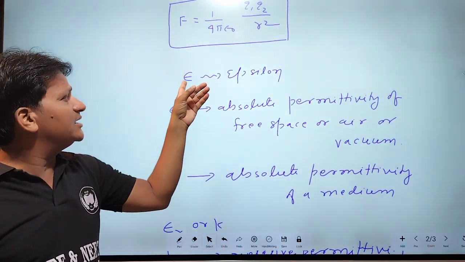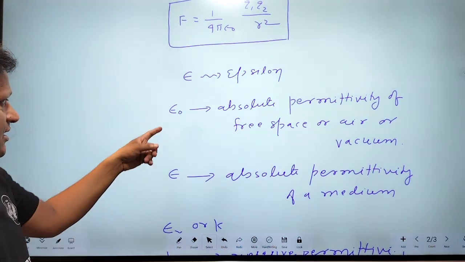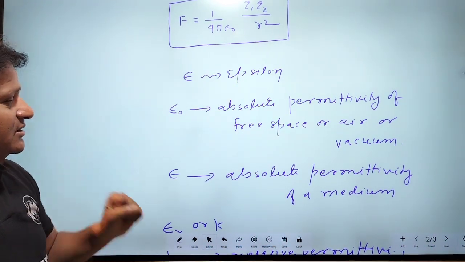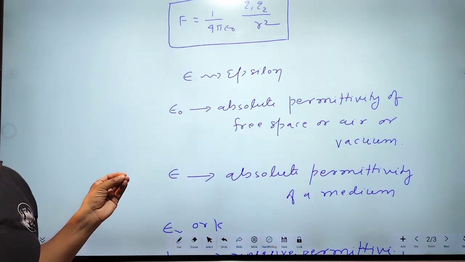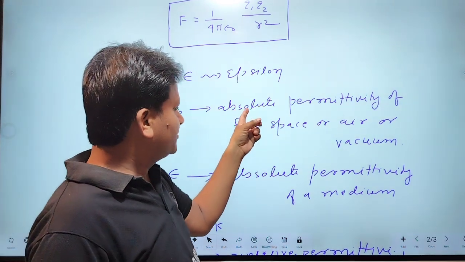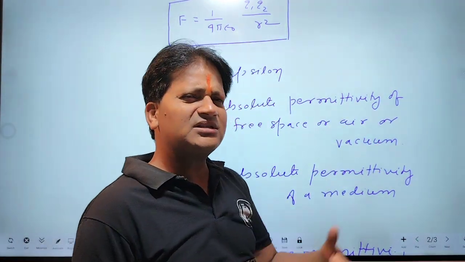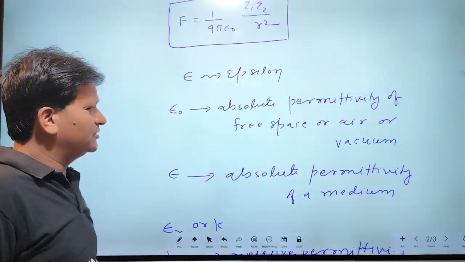Here this symbol is called epsilon, and this symbol is called epsilon naught, the absolute permittivity of free space or air or vacuum, just like refractive index.